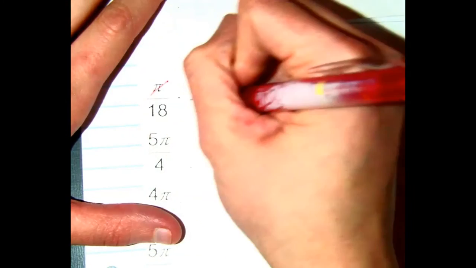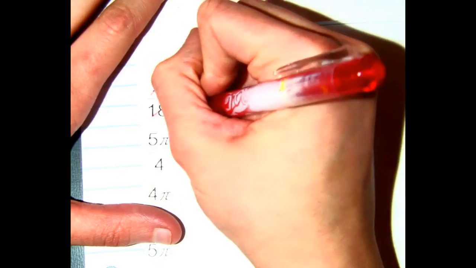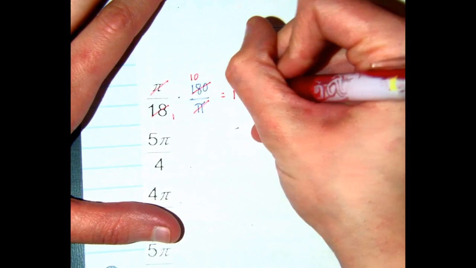They divide to give you 1. Okay, then I have to reduce 180 over 18. 1 over 10, and that becomes just 10 degrees. Pi has to be there so it will divide out.